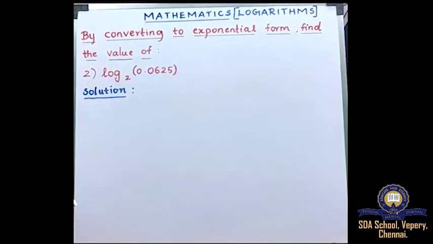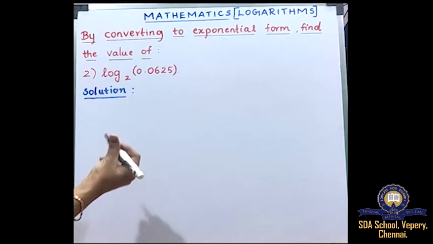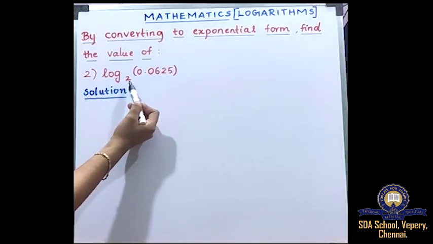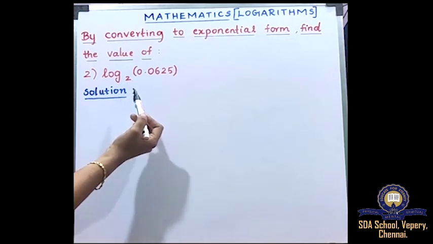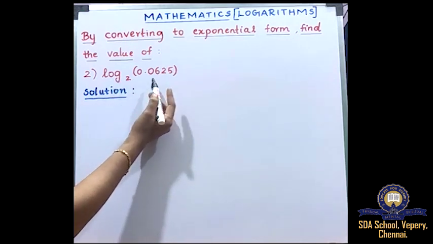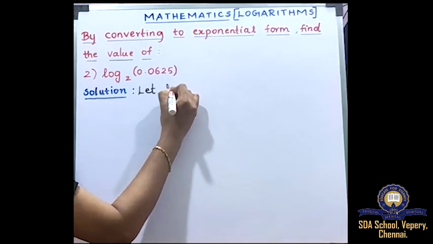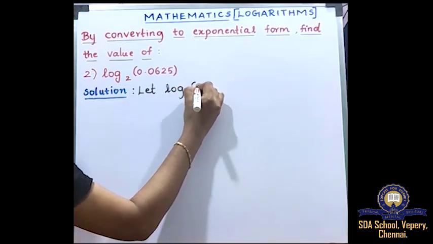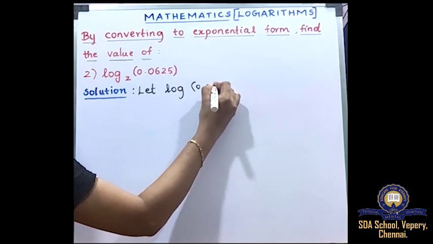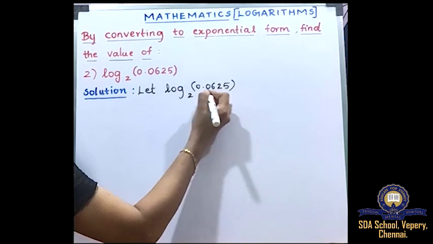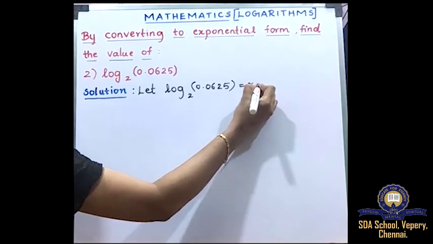So the next question is, we have to find the value of log 0.0625 to the base 2. So in the first step, we have to assume the value of this to be x. So let log 0.0625 to the base 2 equals x.